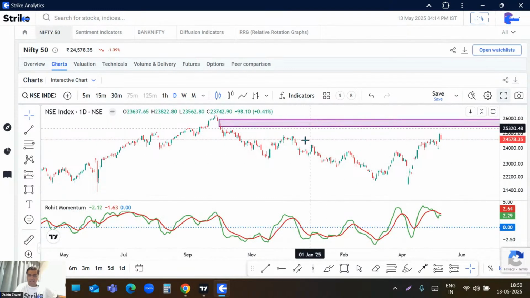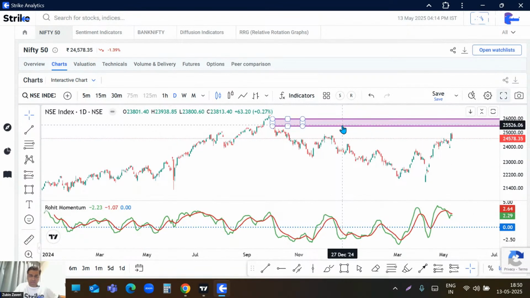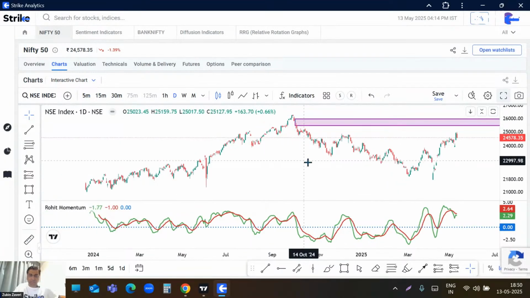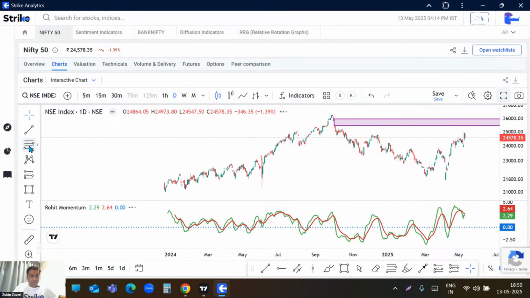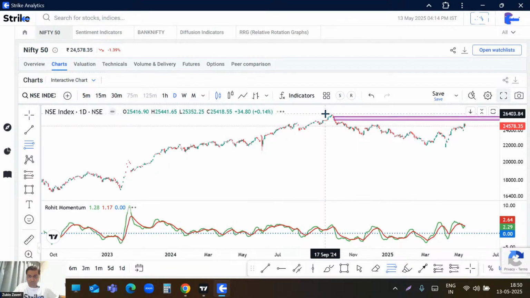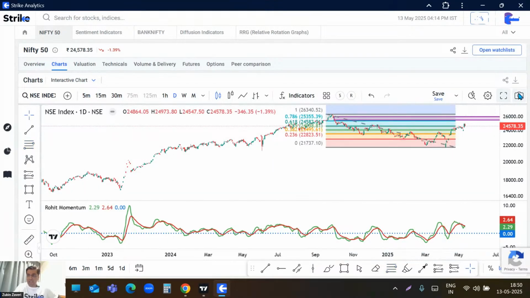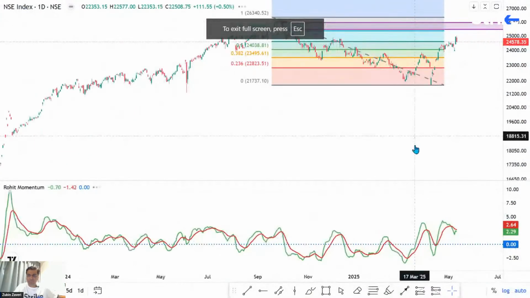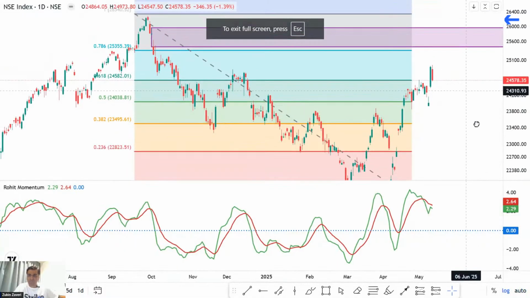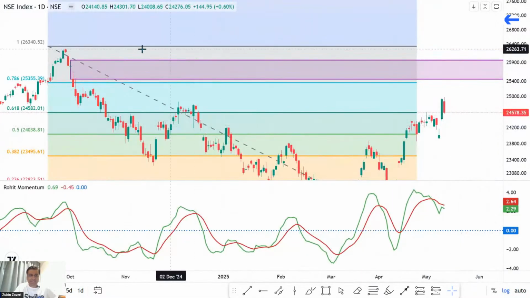And along with that, if we also look at Fibonacci retracements, once we take a Fibonacci retracement from the high to the low, sorry. I'll just zoom in so that you can see it clearly.